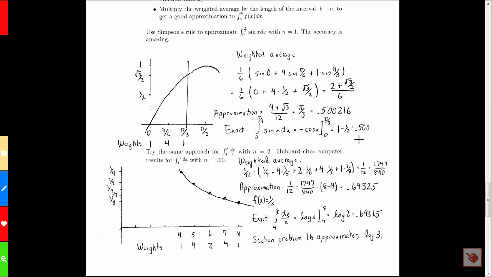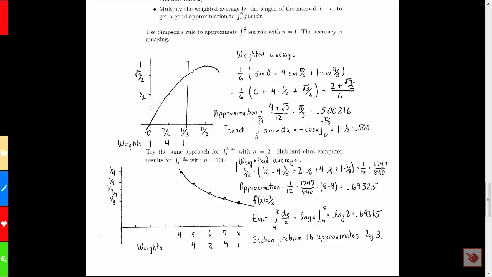Let's try the same approach to get a numerical approximation to the natural logarithm of 2. The clever idea here is to notice that if you integrate dx over x from 4 to 8, you get the natural logarithm of 2, and this is very easy to do also by using Simpson's rule with n equals 2. n equals 2 means we have 2 times 2 plus 1, or 5 points of evaluation.